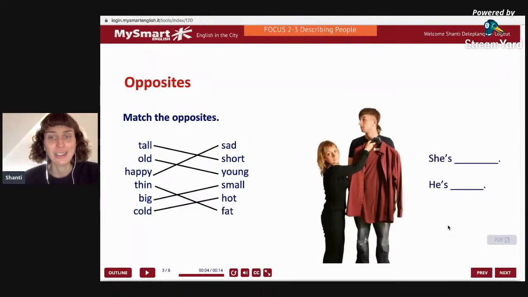So let's continue. We can use the expression hot to describe someone that is sexy. We can say she's hot or he's hot, but it's not really something you can use every day. Be careful. What is the difference between a person that is hot, sexy, and a person that is hot, it's very hot in this room, I'm hot?